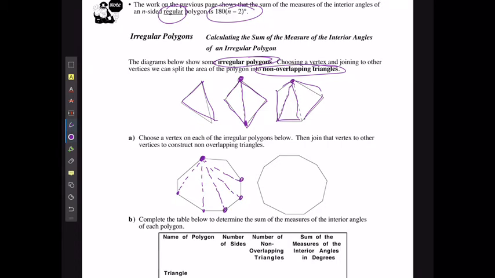Which means that now I have created 6 different triangles that are not overlapping. If I did the same thing here, I can create 1, 2, 3, 4, 5, 6, 7, and 8.